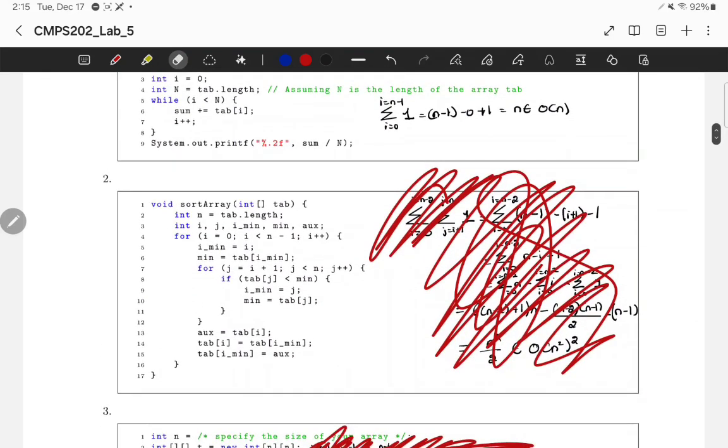Okay, so sort array, we have n equal to tab dot length. We have i and j, and i min as an auxiliary. As long as i is less than n minus 1, i++. Sometimes they're changing i min, but they're not changing i, so here we have n operations. We don't really have to understand what the code is doing, as long as we know the time complexity.